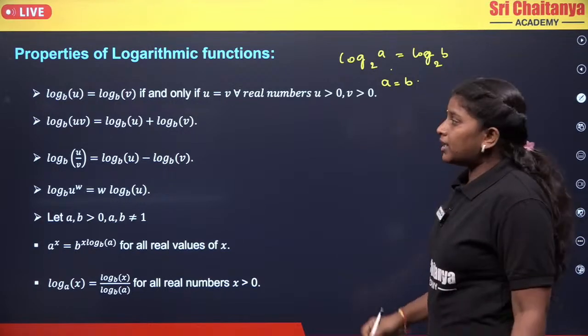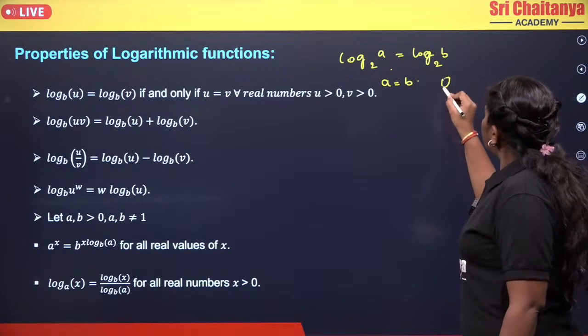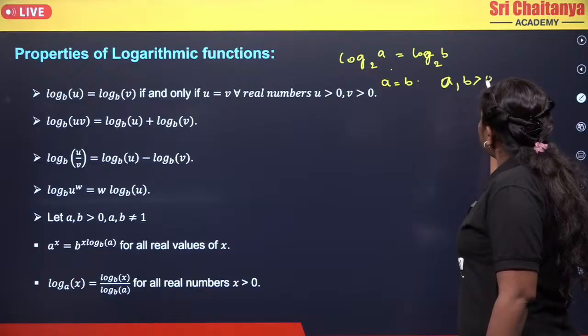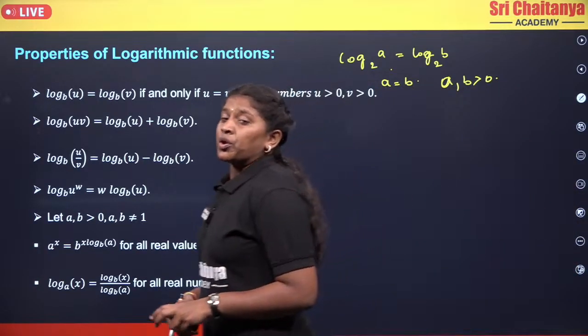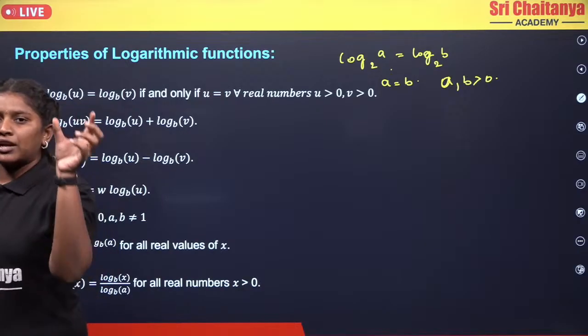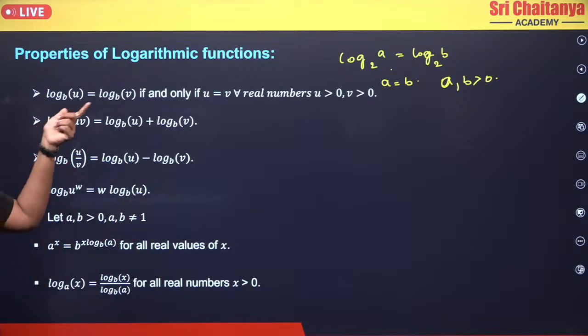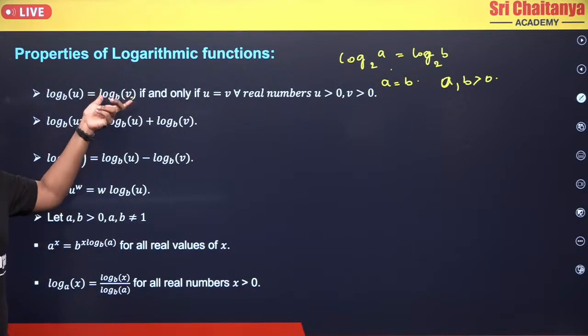For all these real numbers, both a and b should be greater than 0. Now coming to the first property, if the two log values are equal and the bases are equal, then we get u equals v.